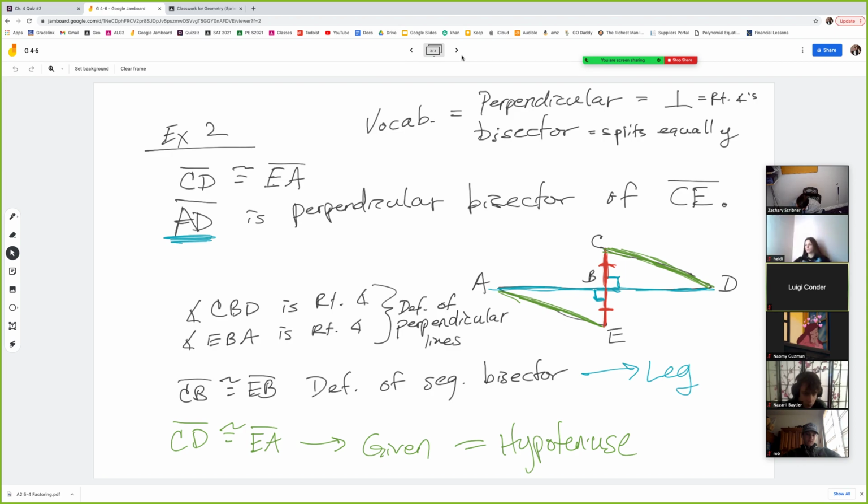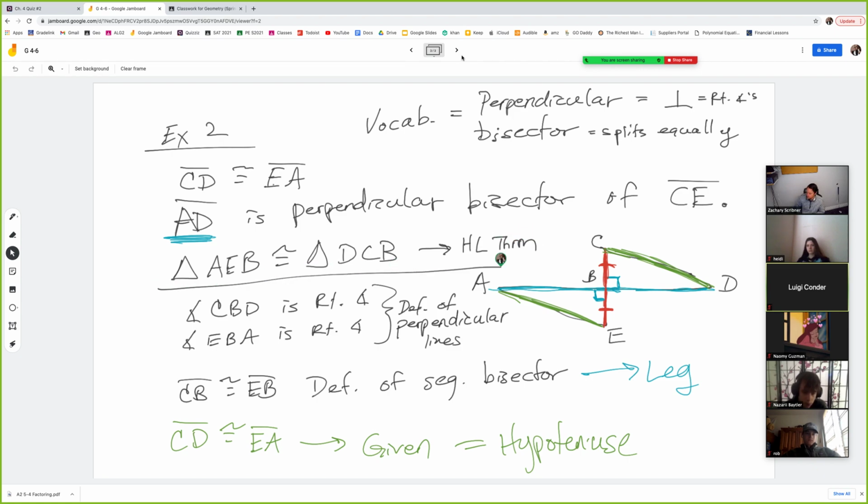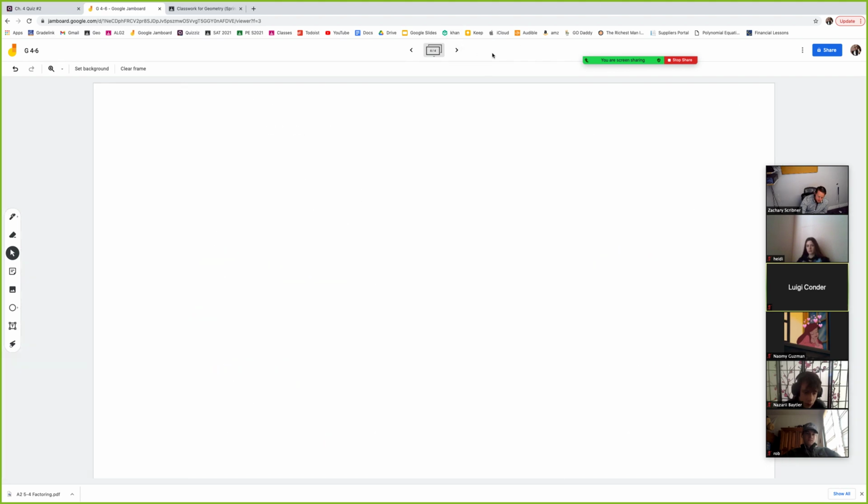We can say triangle AEB is congruent to triangle DCB because of the HL theorem, the hypotenuse leg theorem.